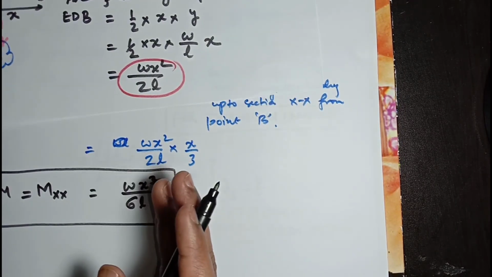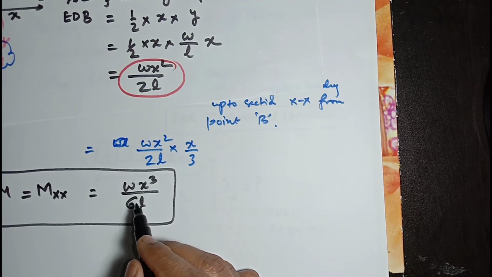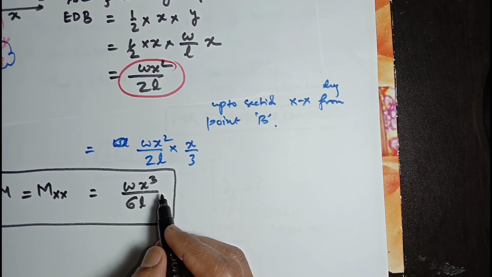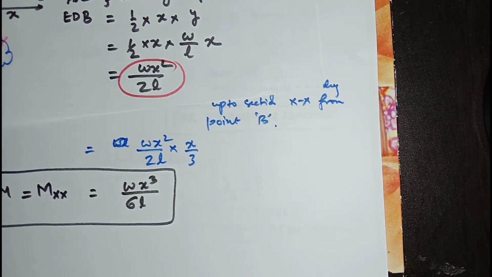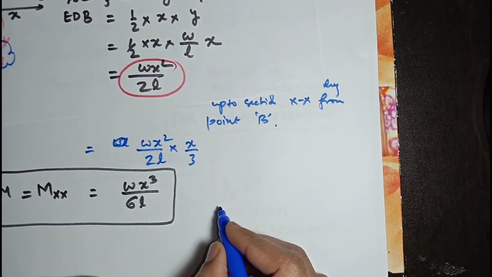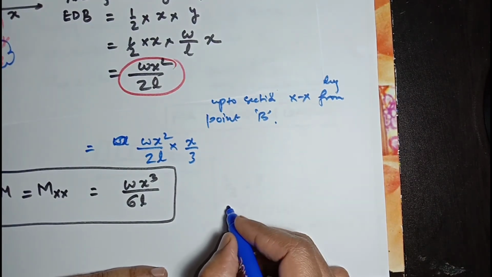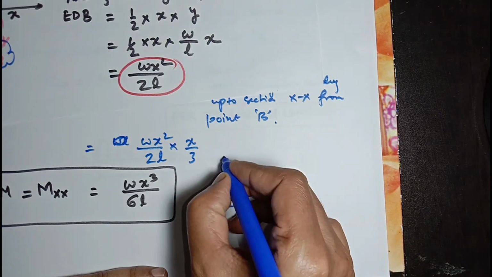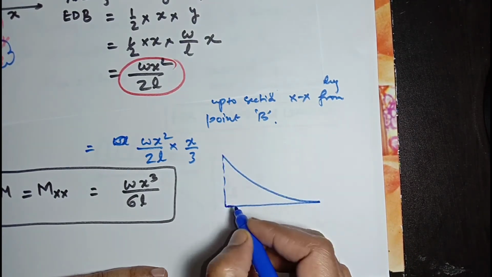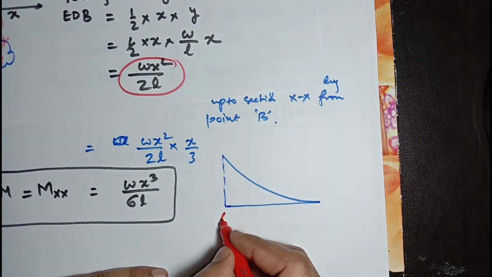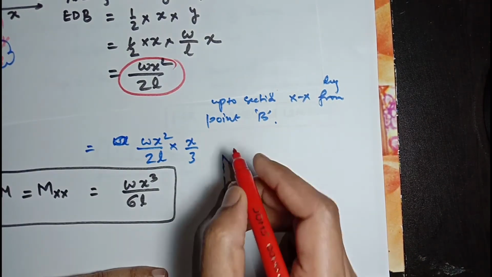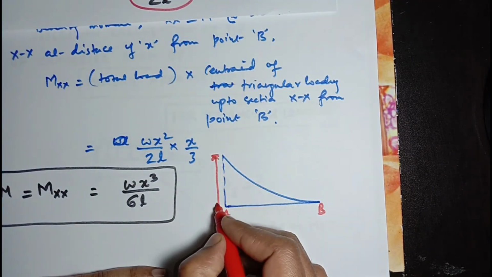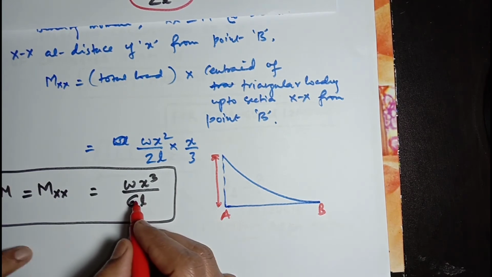At a distance of X from point B, we have a general expression for bending moment, which is a function of X cube. So the bending moment diagram will have a cubical curve, something like this. This point is A, this point is B, and this value we can find from the expression.